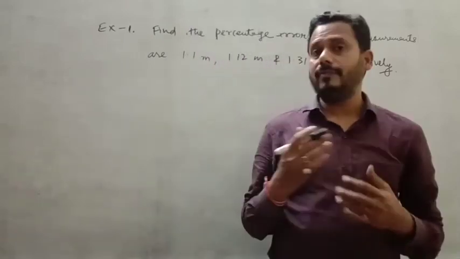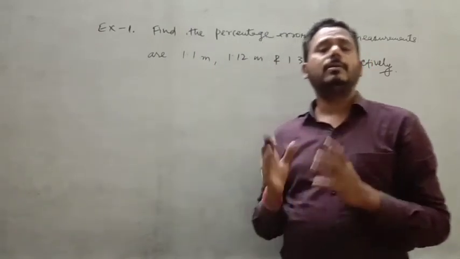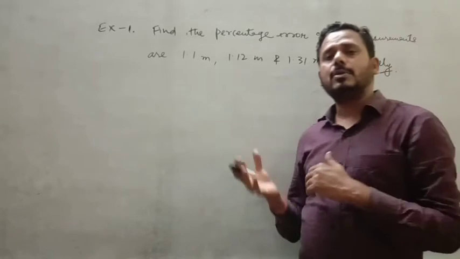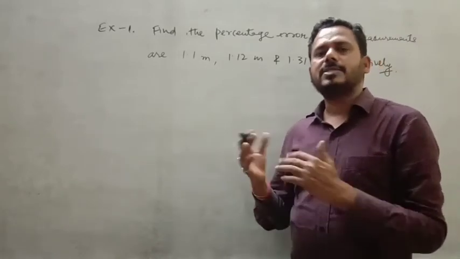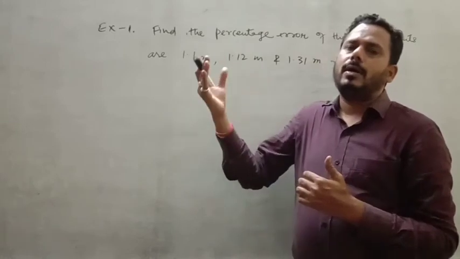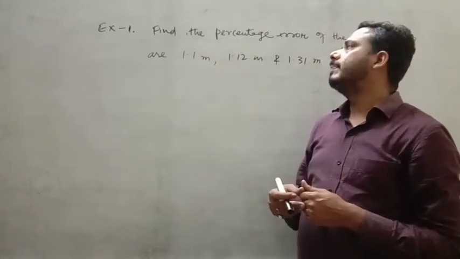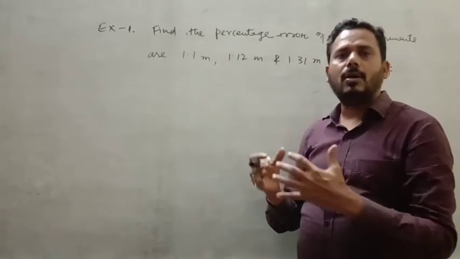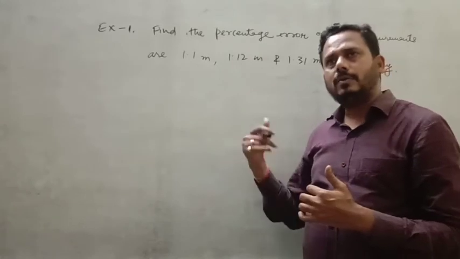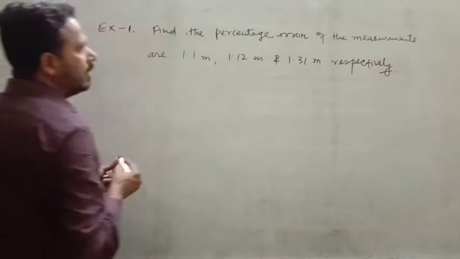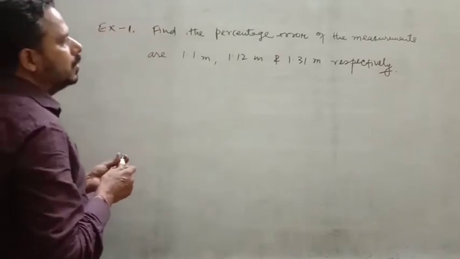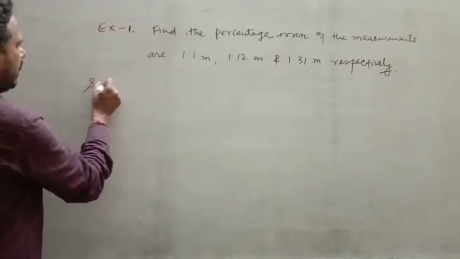First of all you need to find the mean value, then mean absolute error, then fractional error, and then you are able to find your percentage error. It is a long process, but let's see how you can find it. First of all, find your mean value.